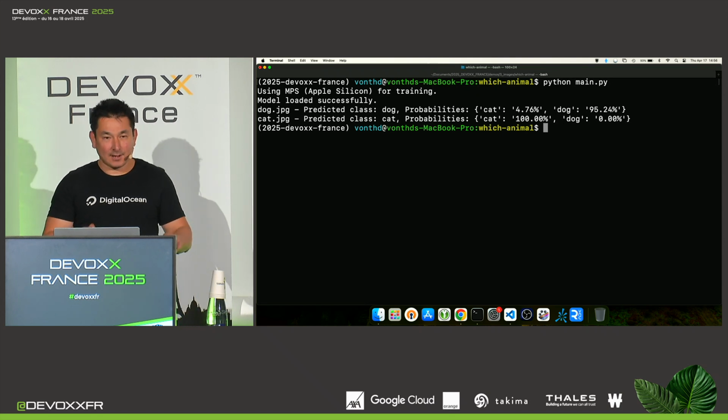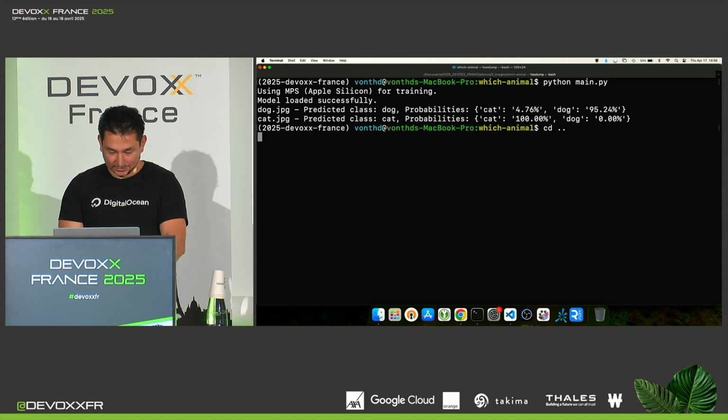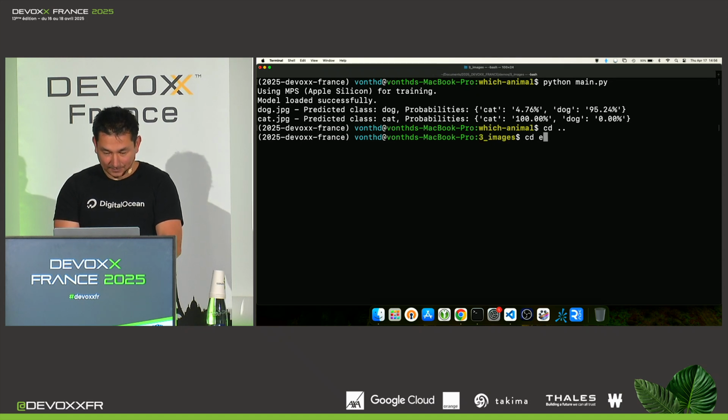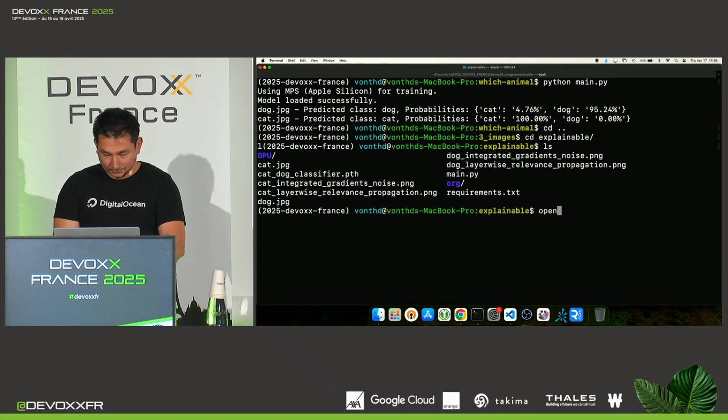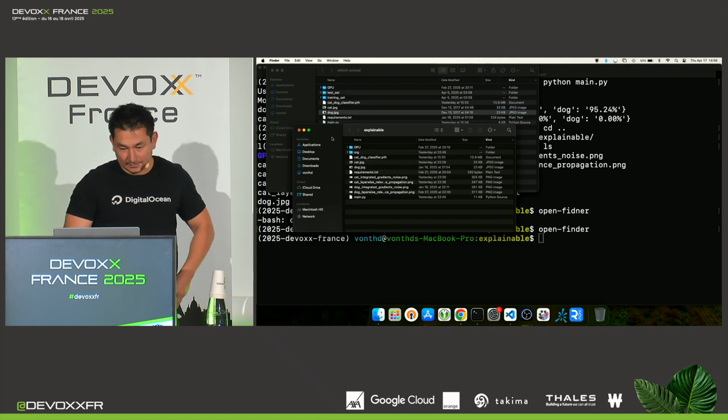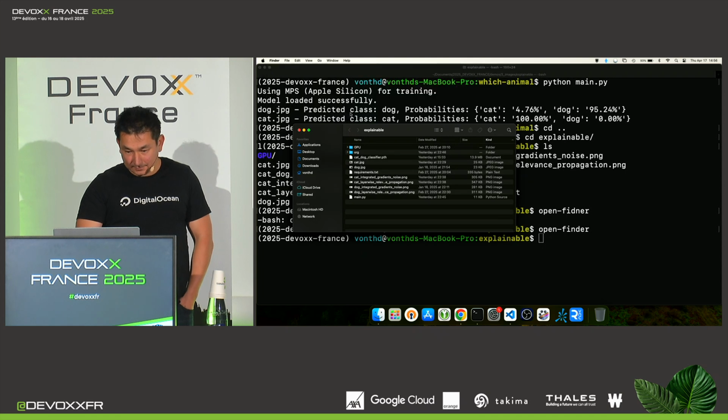So how did it arrive at that answer? You can use Captum to see how it arrived at that particular answer. I'm going to take a look at the dog first.